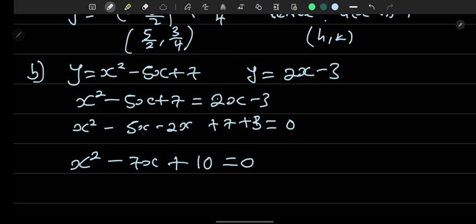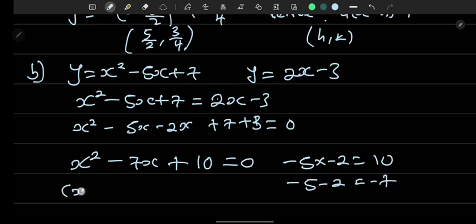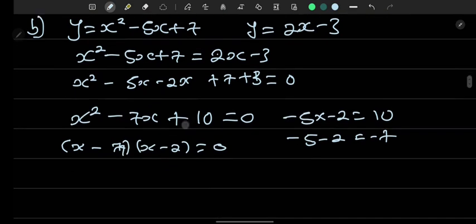So what happens next? Product of 10, sum of minus 7, so we can make use of minus 5 times minus 2. This will give us 10, then minus 5 minus 2 is minus 7, which implies that x minus 5 and x minus 2 equals 0. So x equals 5 or x equals 2.